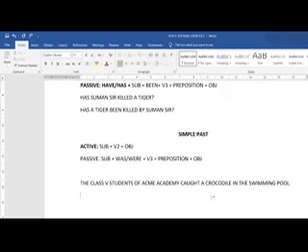Now see here, the verb is caught, which is in past tense. There is no auxiliary verb here. Simple past. The subject is the class 5 students of Acme Academy, and the object is a crocodile.